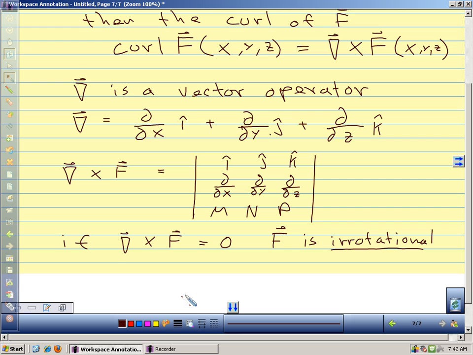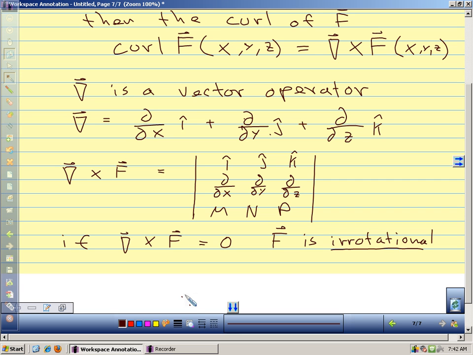Basic idea is the curl tells us the tendency of a vector field to cause rotation. And as we get further into the chapter, we will have a stronger idea of what that actually means, because we're going to be integrating the curl over surfaces, and that's going to tell us something about our vector field.